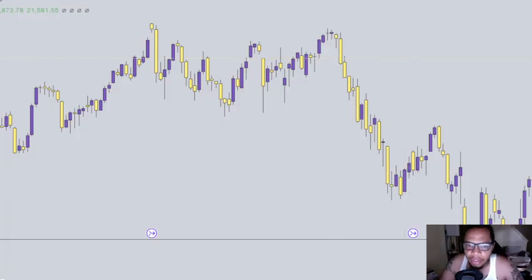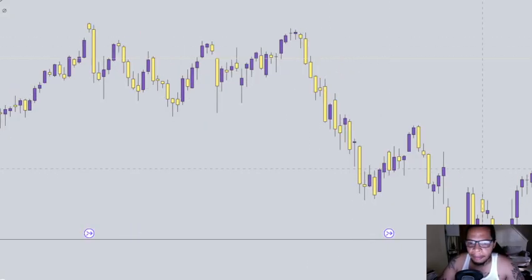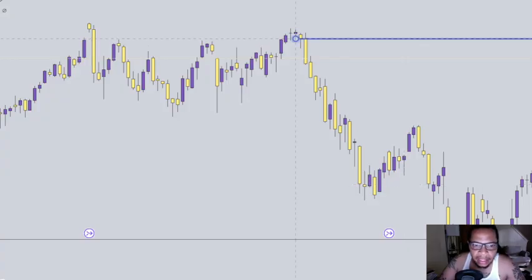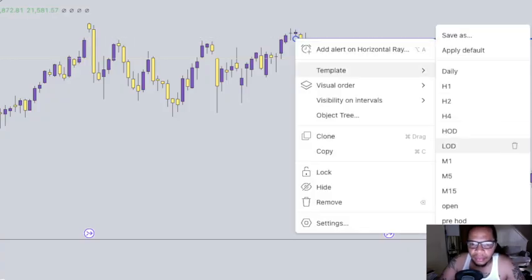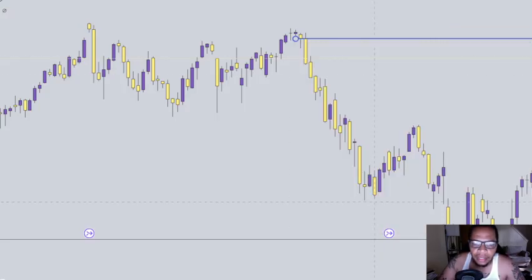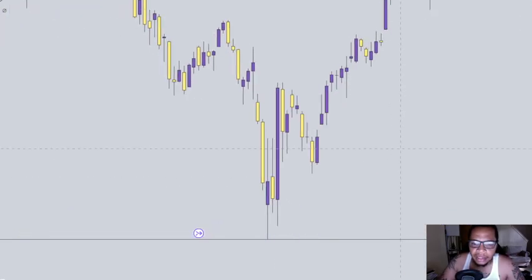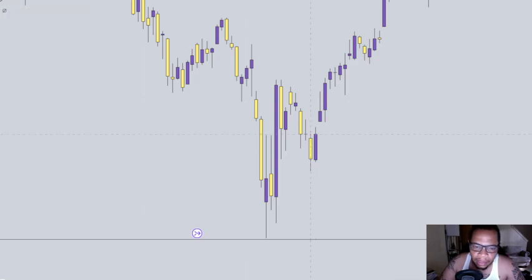So it's giving you distribution. Supply is distributing price down this way right now. So it's always the last contrary candle before price goes down. And demand is the last contrary candle before price goes up.